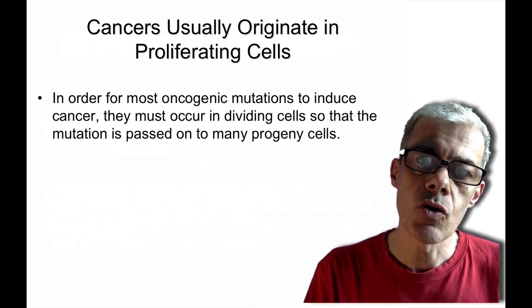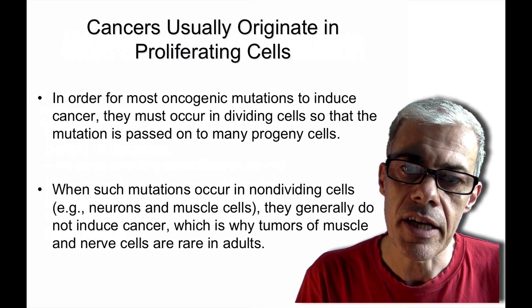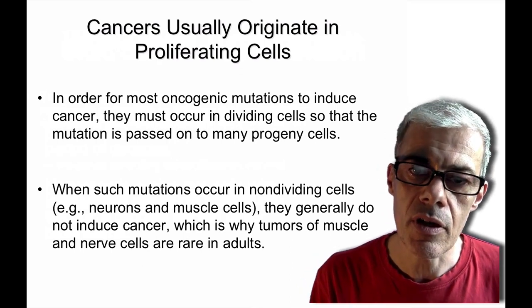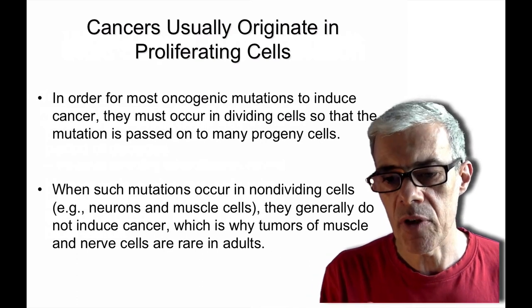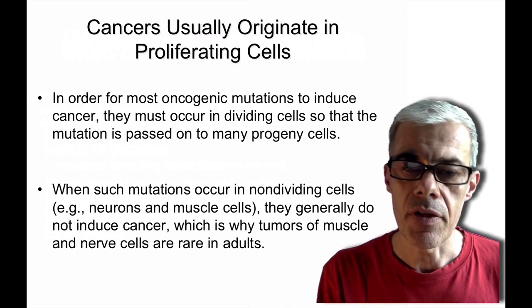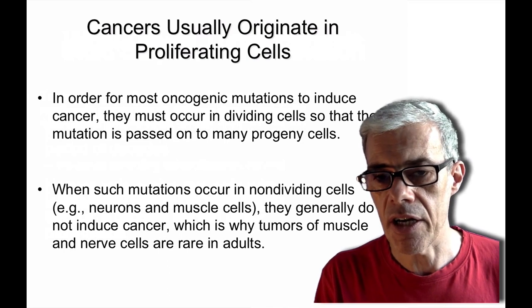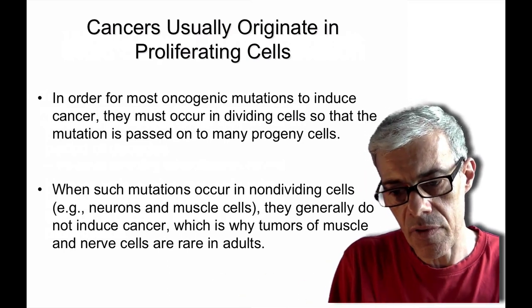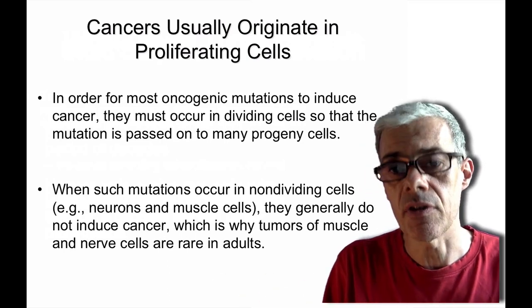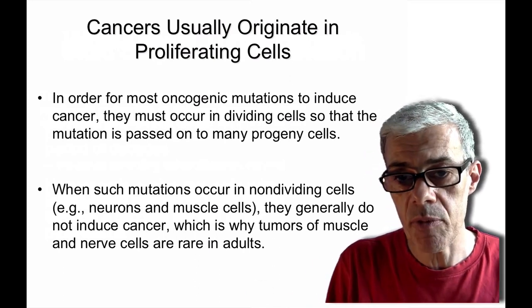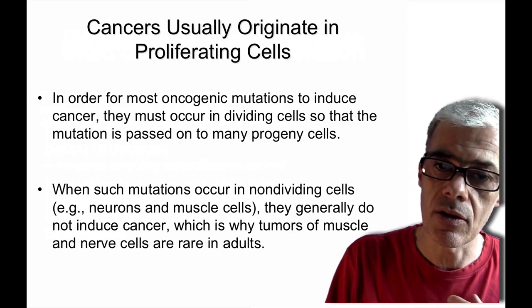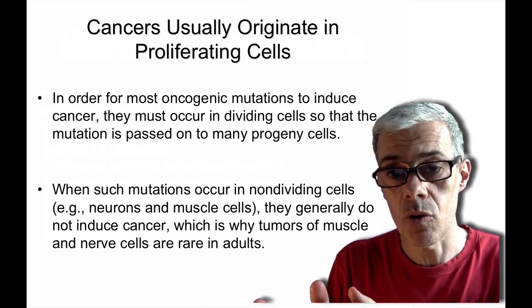Cancer normally originates in proliferating cells, those cells in the body that are dividing rapidly. When a mutation occurs in these cells, the daughter cells contain that mutation, so you get a generation of cells that contain it. Then when those cells pick up a second mutation, they pass it on to their daughters, so the daughters now have two mutations.